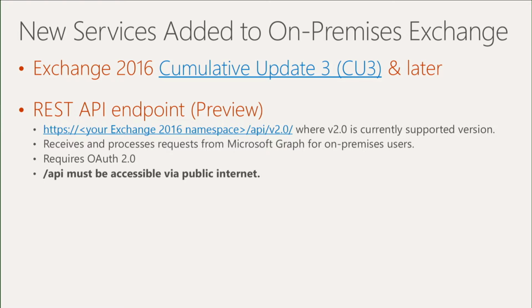Because the Outlook APIs were launched before Microsoft Graph v1, which is our Microsoft Graph production version, it calls the v2.0 endpoint. The job of this REST API is to receive and process requests from Microsoft Graph. It requires OAuth 2.0. And there's a requirement here though. For Graph to be able to access it, that /API must be accessible via the public internet.